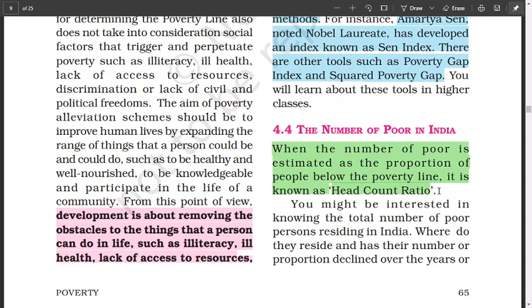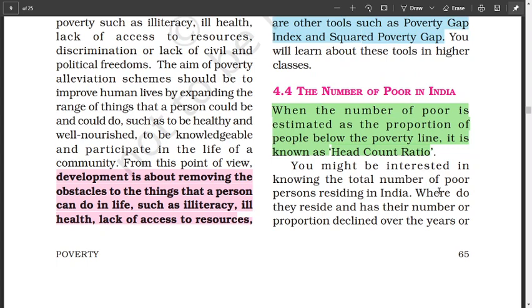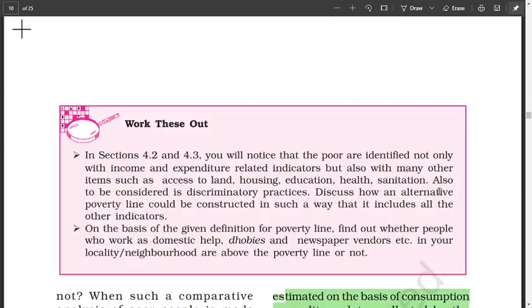Head count ratio is the proportion of people below the poverty line. Now, how many of them are below the line? It's head count. Based on that, we can find out how many are below the line that has been defined by that method.